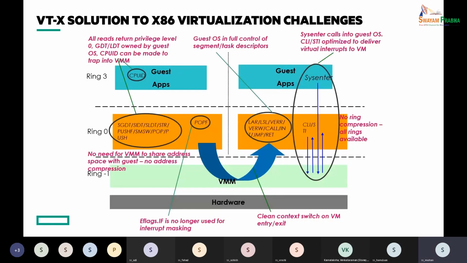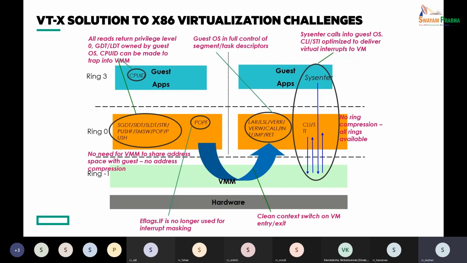So just to go back to the old slide, which I talked about the challenges, I think now those challenges kind of go away because the guest kernel and the guest app both get their own rings. I think they can run at ring 0 and ring 3. And so all the instructions which were earlier privileged and we had issues with them running, the sensitive instructions, are no longer sensitive.